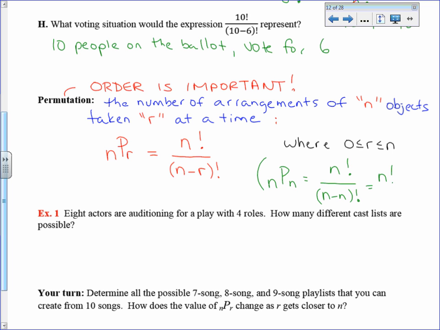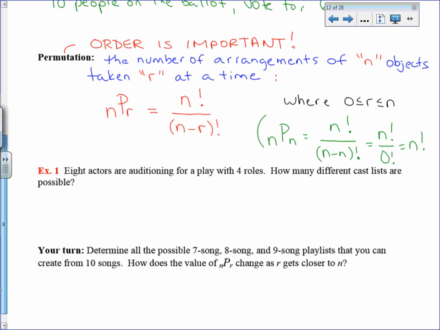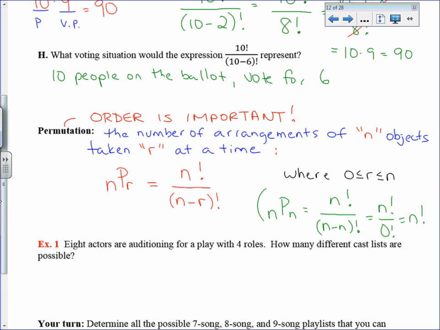So n factorial over 0 factorial, which is just n factorial. What you want to do in questions like this is figure out what n is and what r is. Now, all of these questions can be answered using this formula or just using the fundamental counting principle. It depends on what you feel like using and what you feel like typing into your calculator.